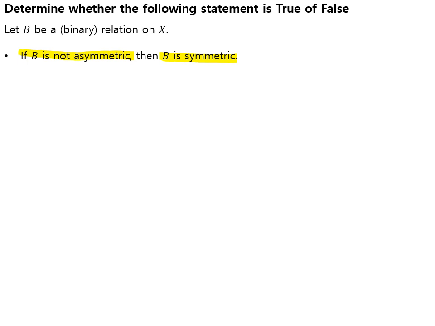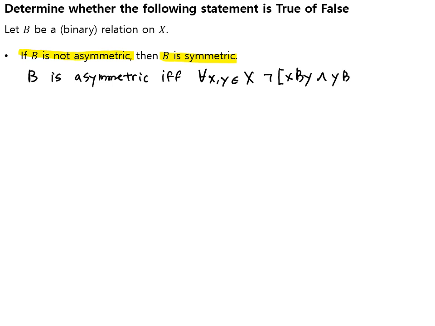use the definition. Recall what it means for B to be asymmetric. B is asymmetric if and only if for all elements x and y in X, it is not the case that x be y and y be x.